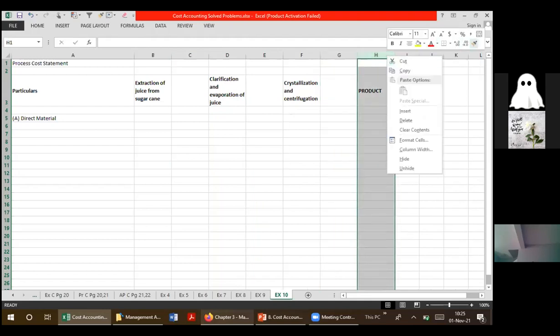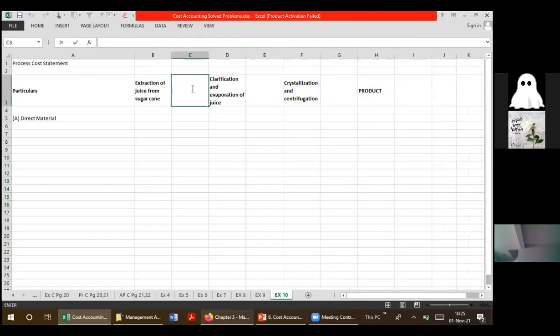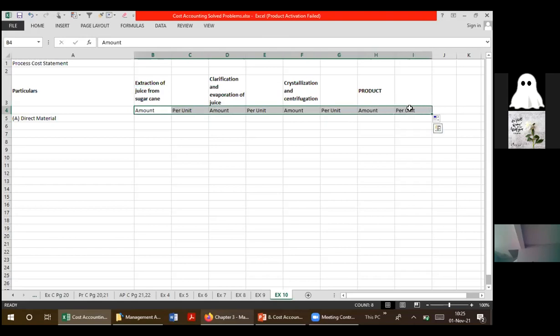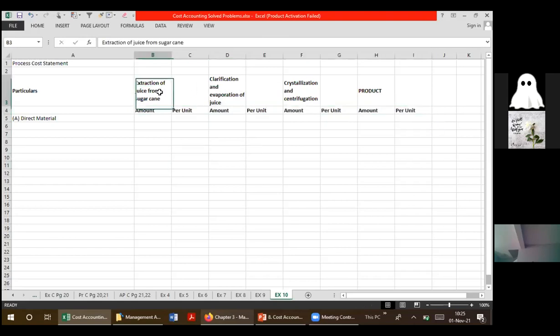Or these things can be below here. So it can be amount, unit, per unit for all of them. You can make it like this. If you have made a separate table about it, that's also okay.